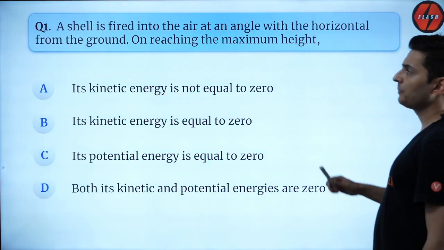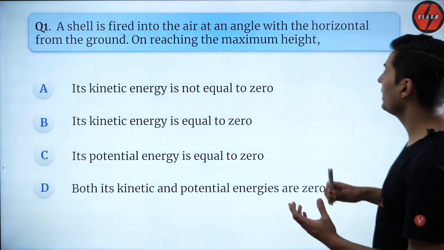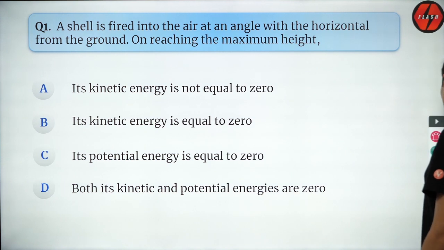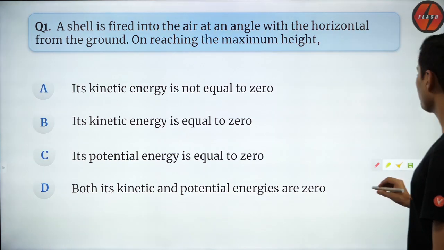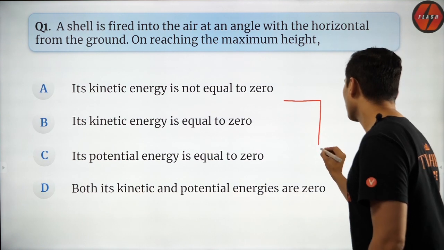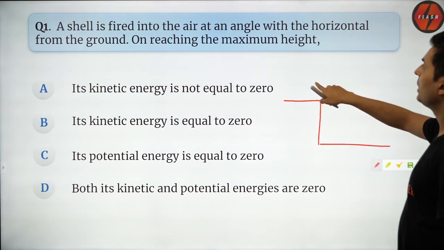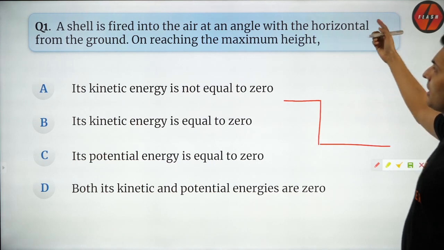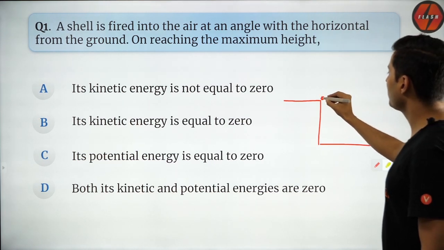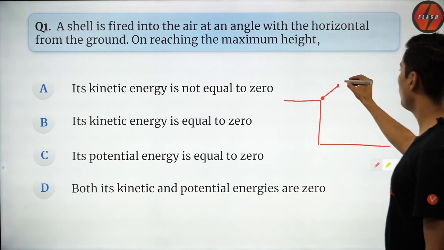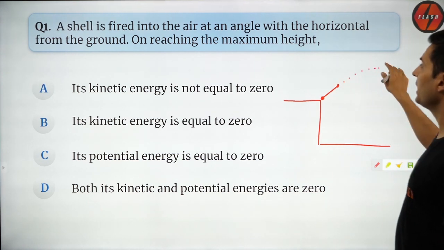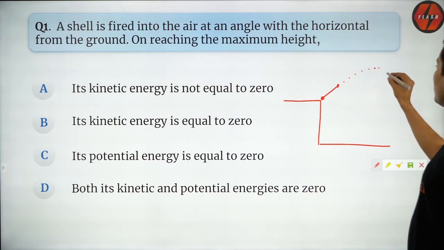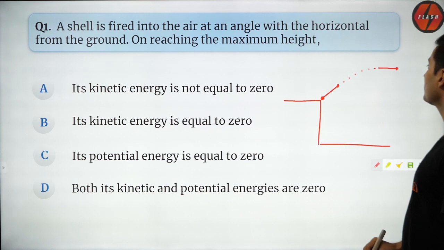This is our first question. There is a shell which is fired in the air at some angle from the ground. On reaching the maximum height, what do you think will happen? Now, if this is the hill and you're firing the shell into the air at some angle, let's say like this. When it reaches the maximum height, understand the velocity is not zero.